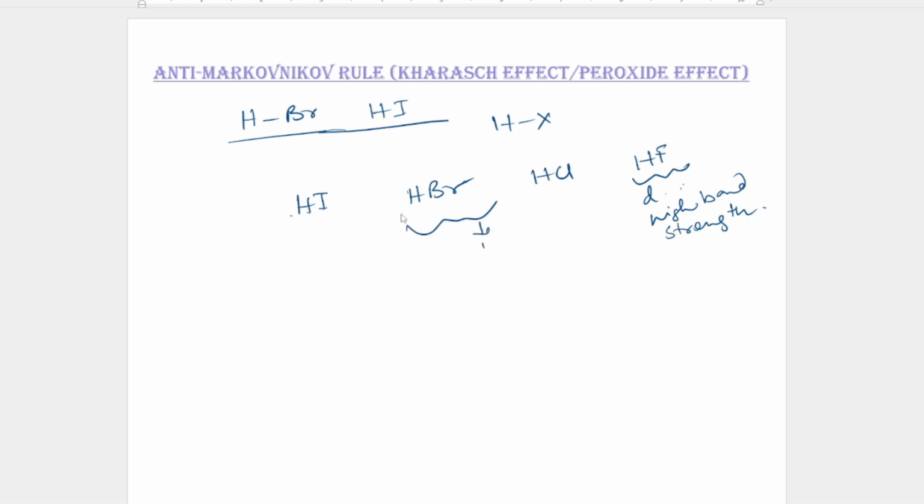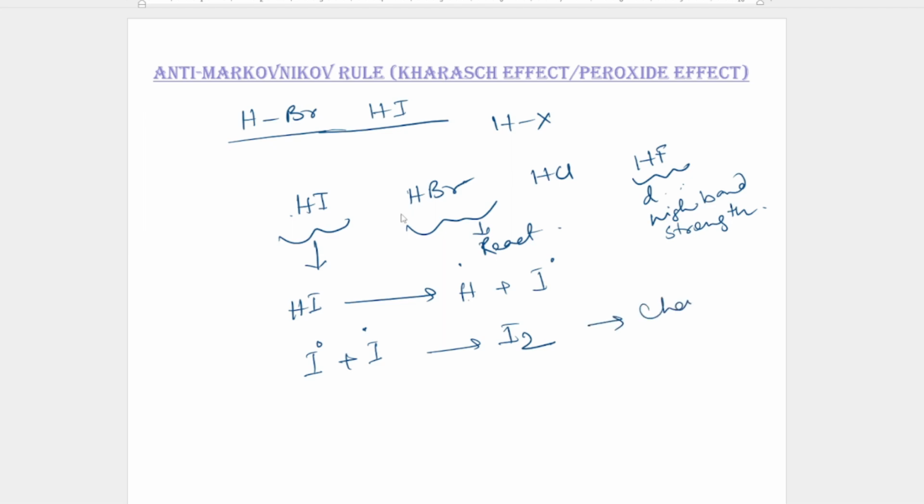HBr generally is involved in the reaction, whereas HI is easily breakable, with less bond strength, but the problem here is when it forms the free radical, iodine free radicals combine together to give a chain termination. So the product is not going to give you an addition product, whereas iodine should be involved in the reaction with the unsaturated hydrocarbons, but these iodine free radicals combine together to give you iodine.